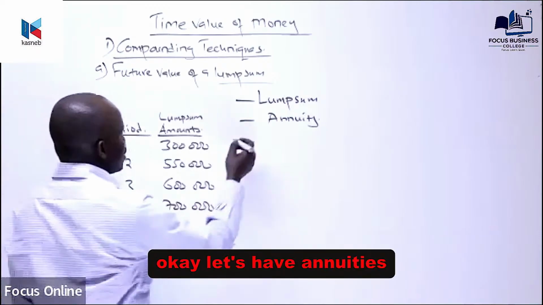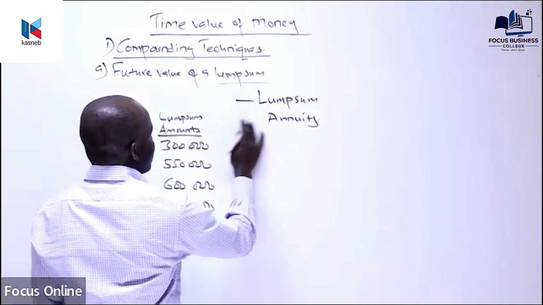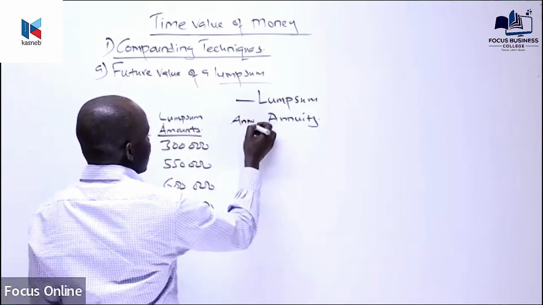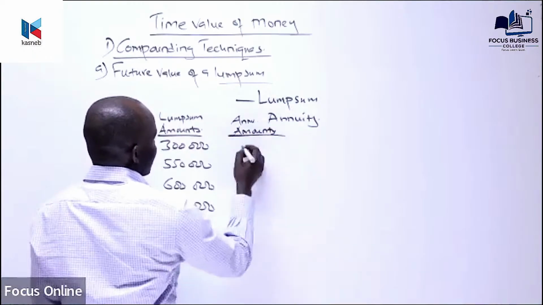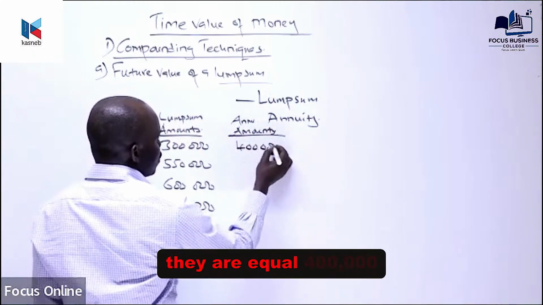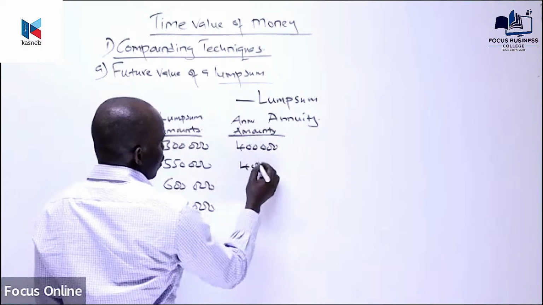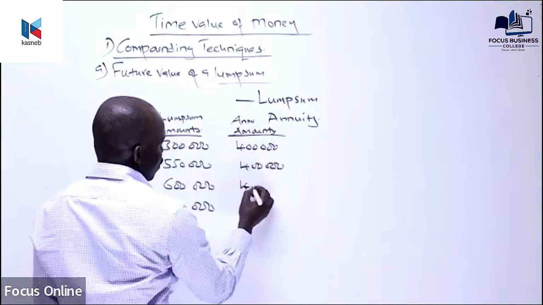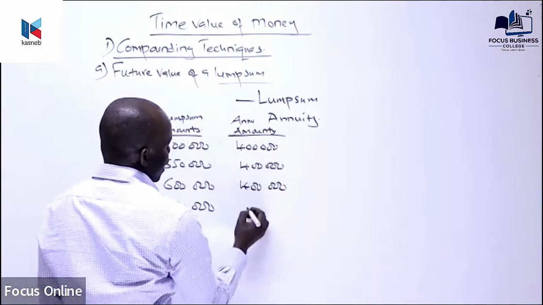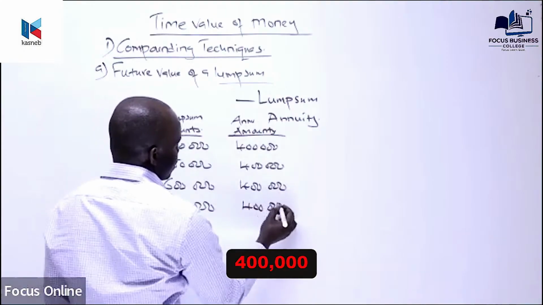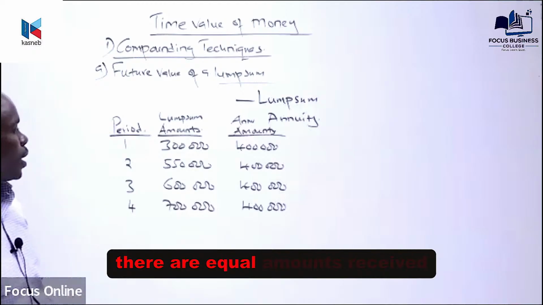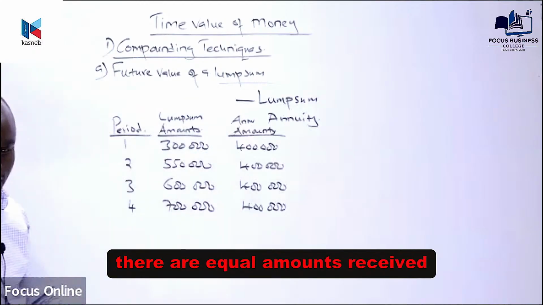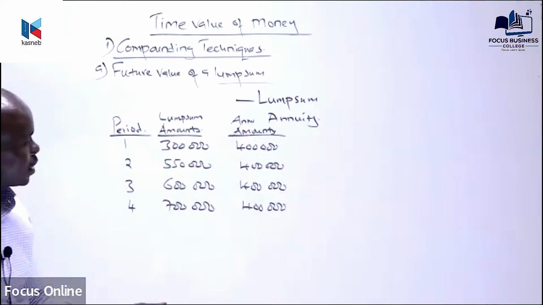Okay, let's have annuities. Annuity amounts are like installments. They are equal: 400,000, 400,000, 400,000, 400,000. So annuities are equal amounts received or paid regularly.